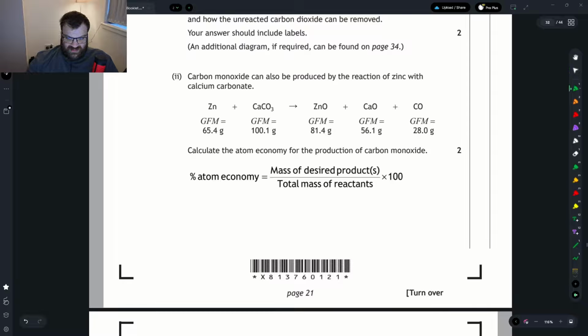So what is our desired product? It is carbon monoxide. That is the end chemical here. So that's going to go on top. So 1 mole of that would be 28 grams, over the total mass of reactants. That will be 65.4 and 100.1, times that by 100.